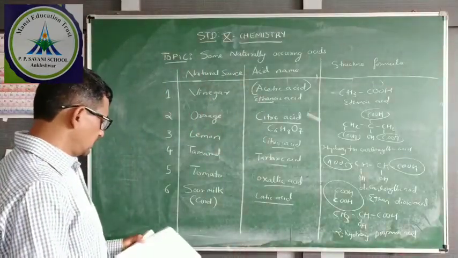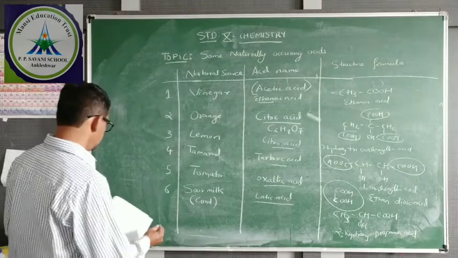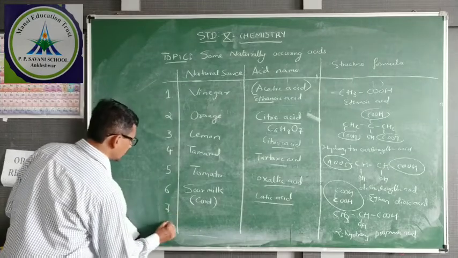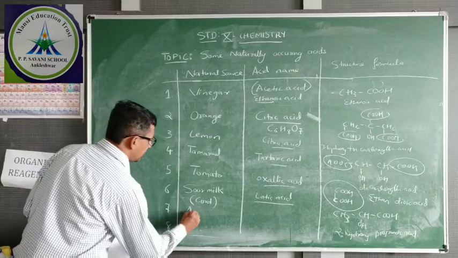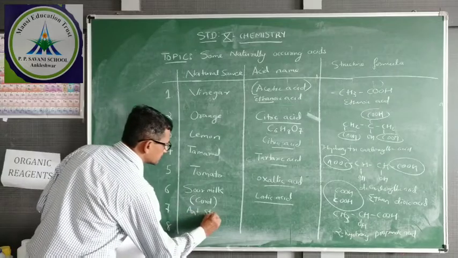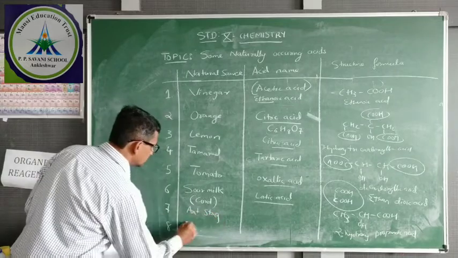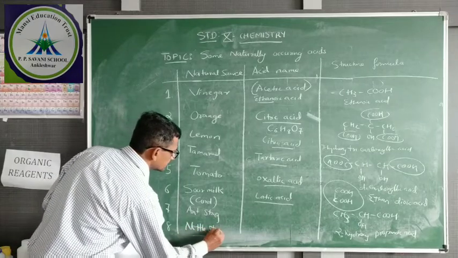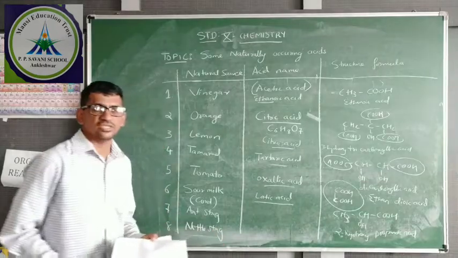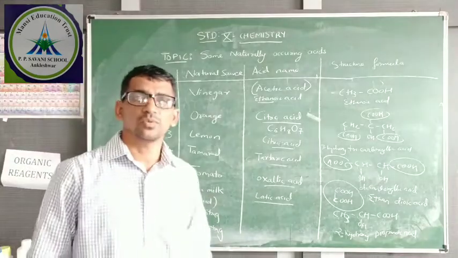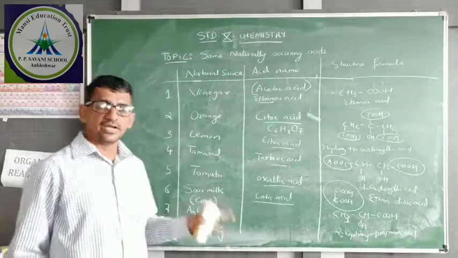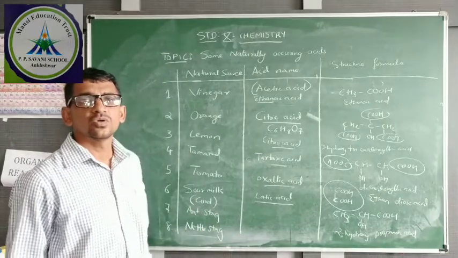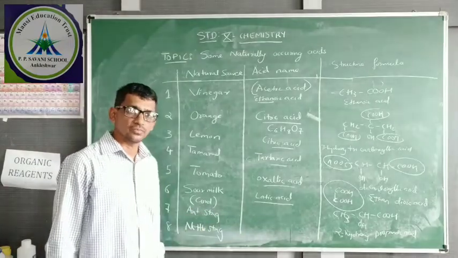Next, that is sting. Number 7 and number 8. So that is ant sting, and another is nettle sting. Ant sting means when an ant bites, it also releases a chemical in our body.